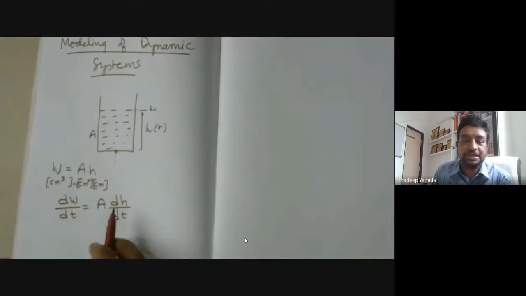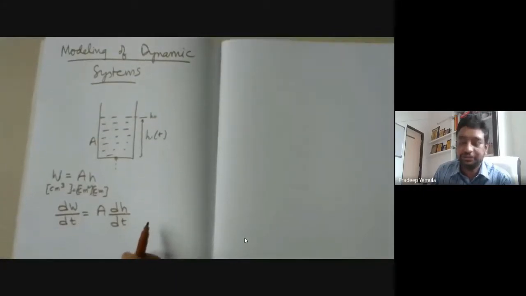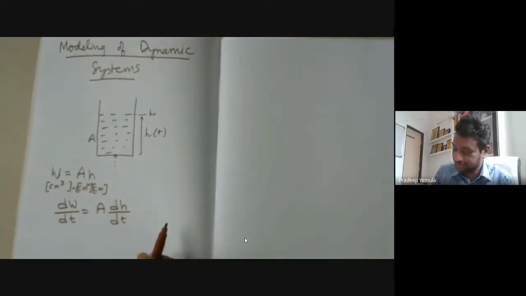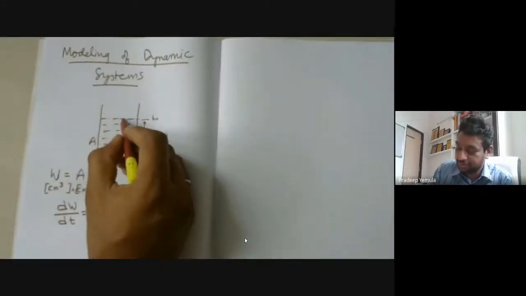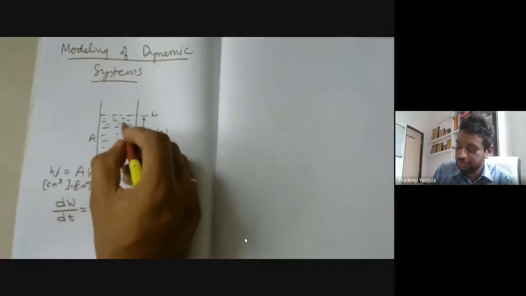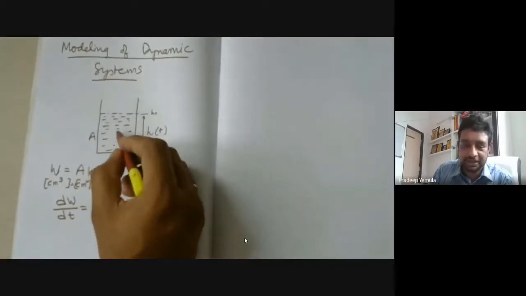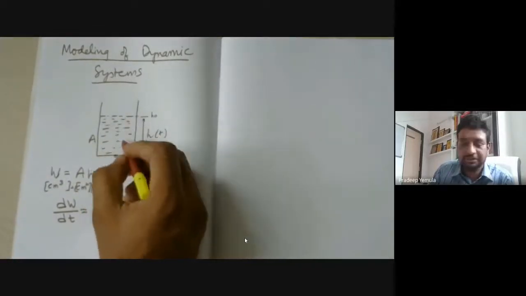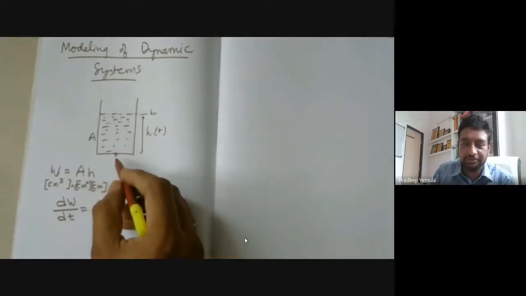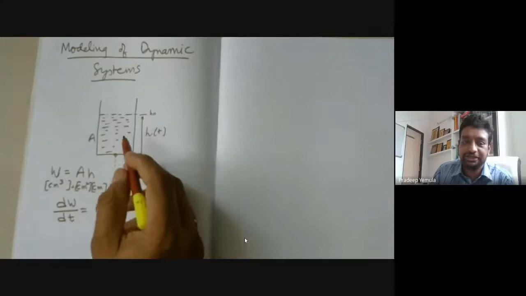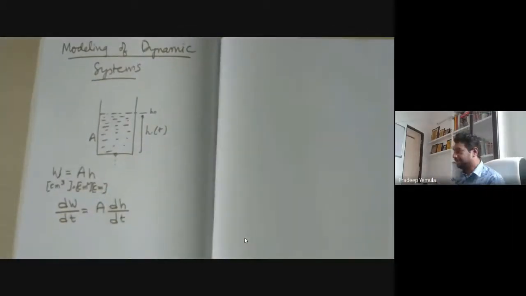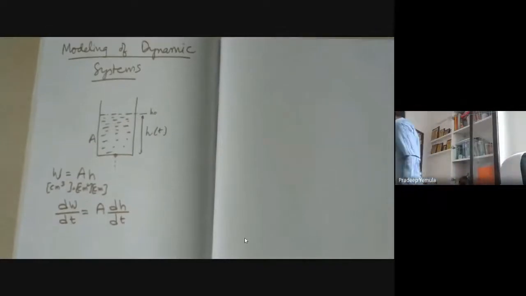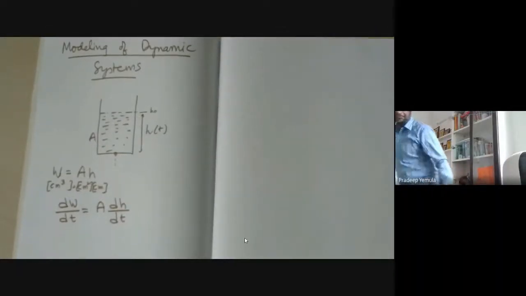Okay. Now here we need to use our physics understanding. Okay. So what I am saying is, when H's value is more, that means more water is there here. At that time, the pressure will be more, and the output flow will be more. And as H is reducing slowly, this pressure also will be reducing, and the amount of flow of water will also be reducing.